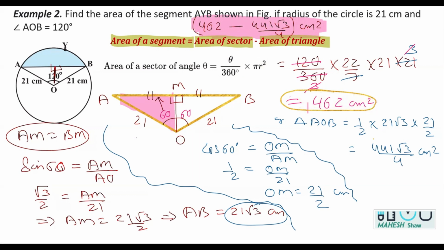And in order to find the area of this triangle here, we first drew a perpendicular, applied trigonometric ratios to get the length of AM and that of AO, and AB being twice of AM. We got the base and height. Once we get the base and height, we calculated the area of this triangle. Finally, we subtracted them to get the area of this required segment. It must be very clear to you now that we are talking about this segment.